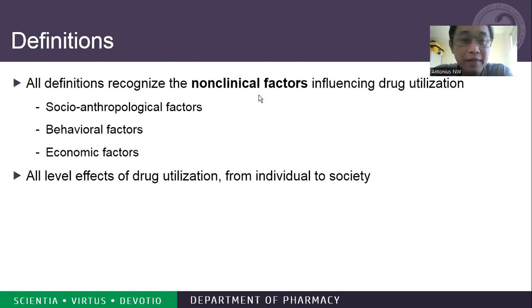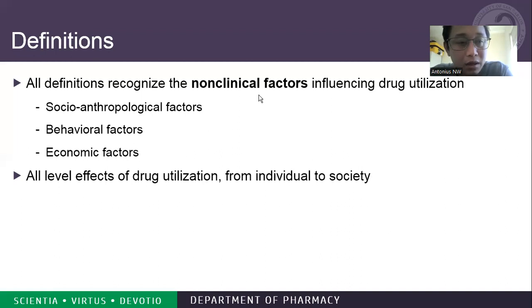Okay, and then the behavioral factors. Sometimes when patients receive antibiotics, it is common knowledge that they have to finish the antibiotics over the course of the treatment.